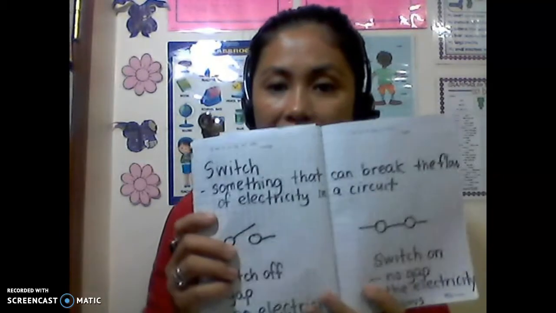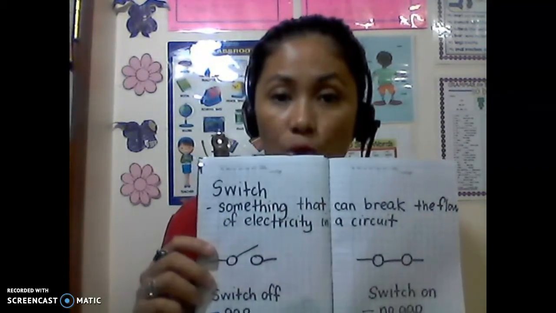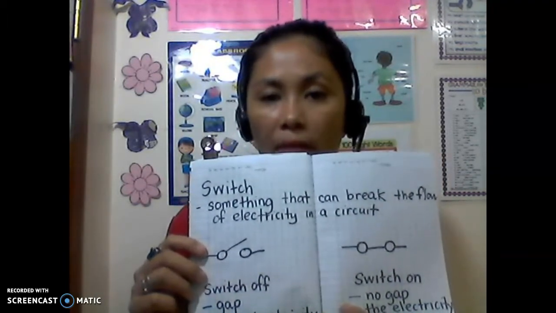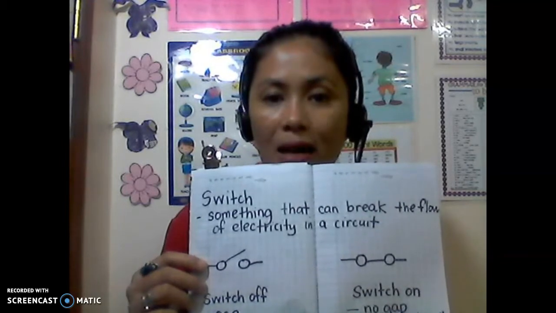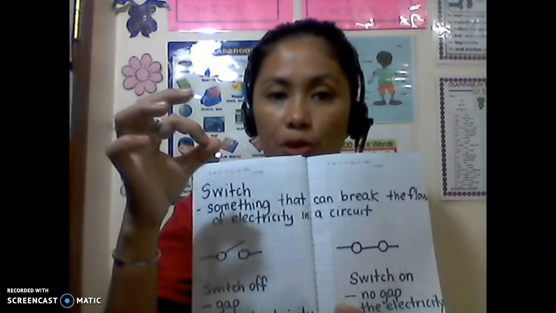But if we use a switch, a switch is something that can break the flow of electricity in a circuit. A switch can turn on, which will make the circuit closed, meaning there's no gap.